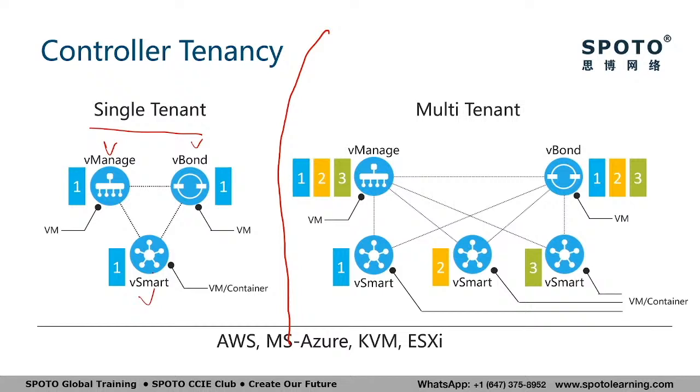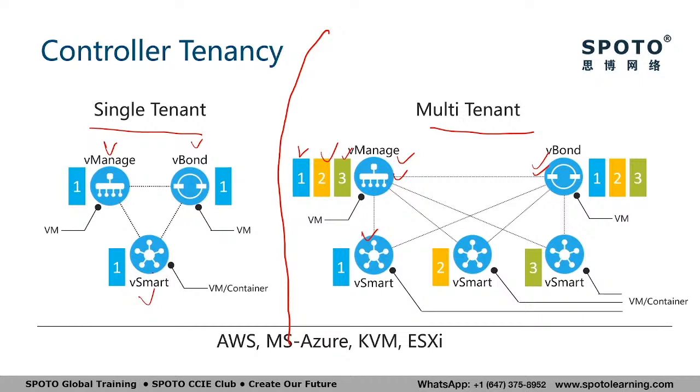The other model, if it's provisioned and managed by Cisco or by the MSP, managed service provider, the architecture supports multi-tenant as well. You can have vManage and vBond, and you can share them to provision to multiple tenants on the same device. In this diagram, we have tenants 1, 2, and 3. The vManage and vBond can be shared, but vSmart cannot. vSmart is used to separate the traffic.